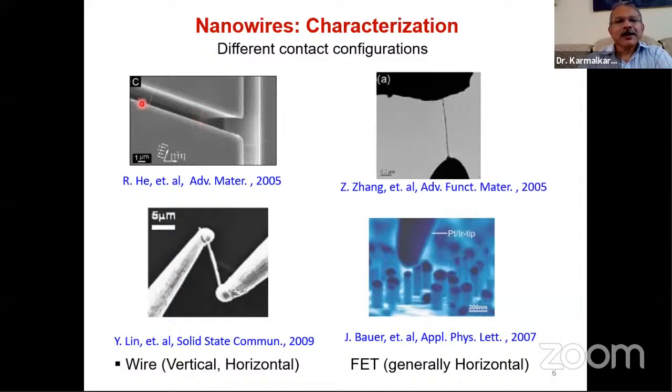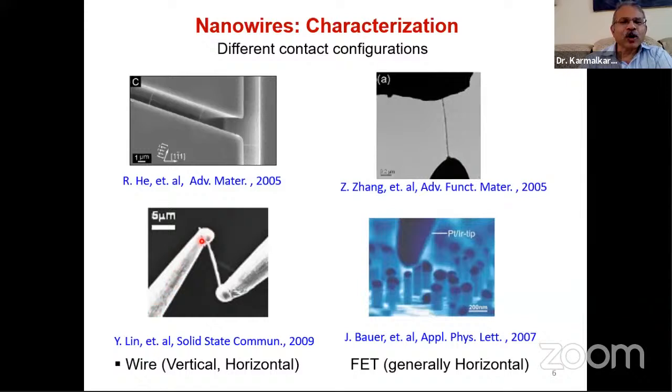Now, you can see here, this is an example where you have two regions of semiconductor and a thin wire connecting between them. Similarly here, you can see again two regions and then in between there is a wire. This is another example.